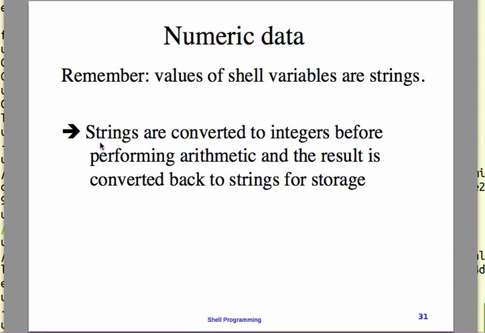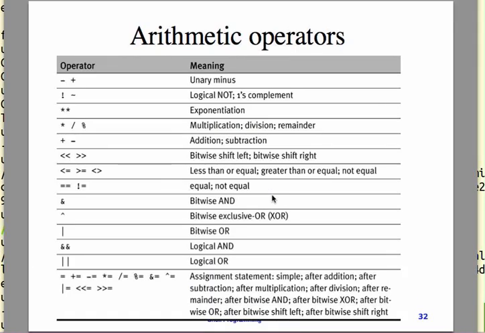So when we use expr, we essentially convert these strings to integers and then perform the arithmetic, and the result is converted back to a string for storage. When we add two numbers, we convert each of those strings to numbers, then add them together, and that result, which is a number, is converted back to a string to be stored into some other variable.